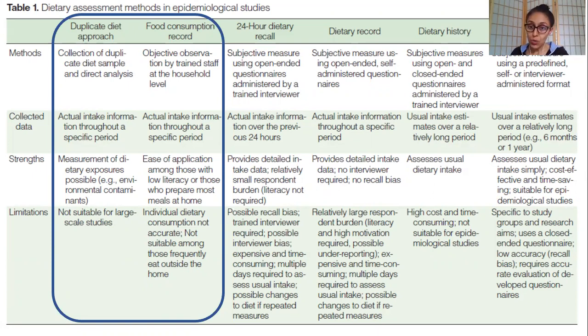Absolutely, it is a high respondent burden, and it is not really quite accurate data. It is also high cost and time consuming, definitely high cost, though it depends on the scenario. Of course, you can't do this for a big study, like 400 or 5,000 participants. That's not practical.